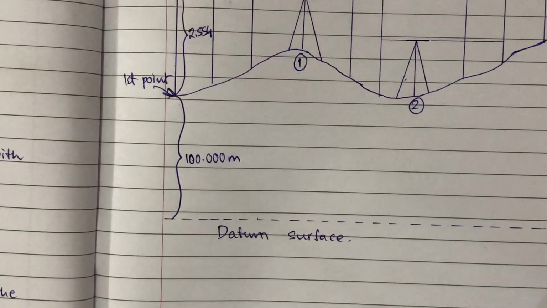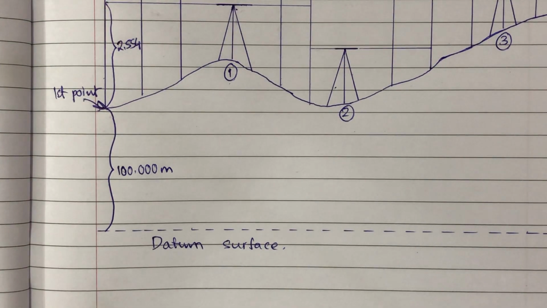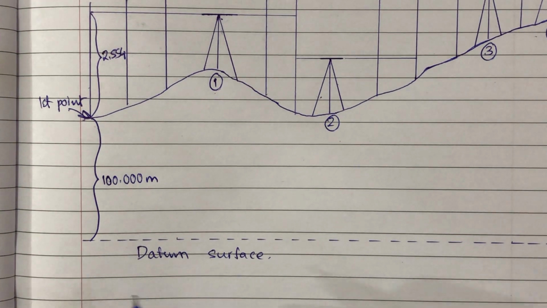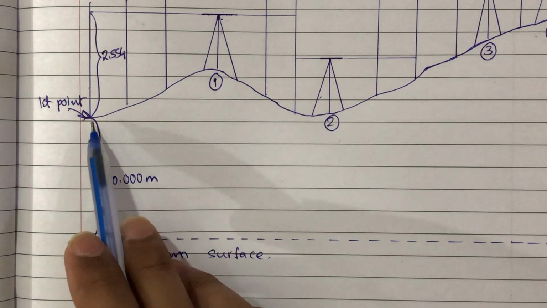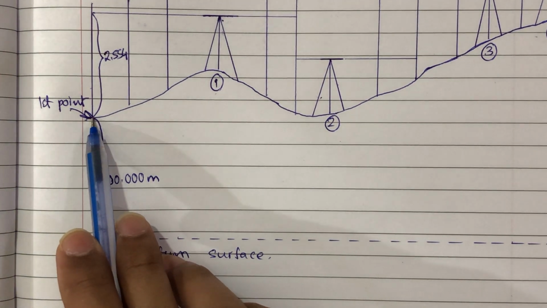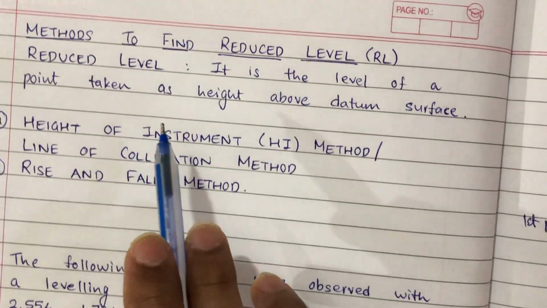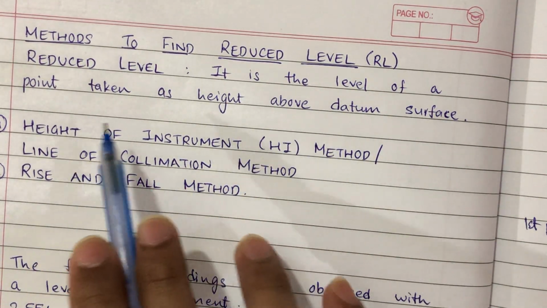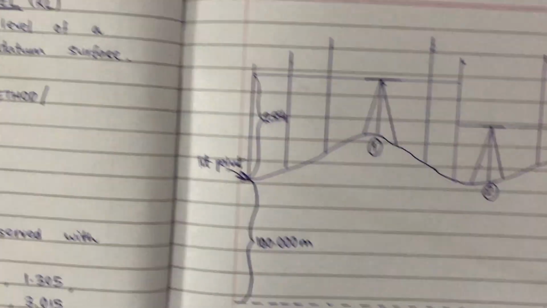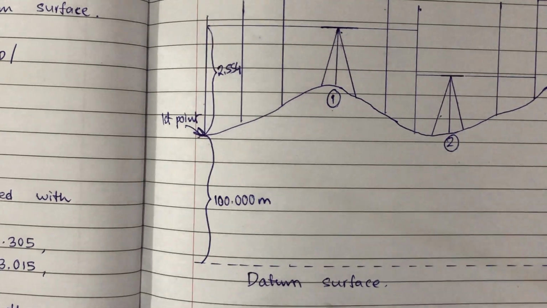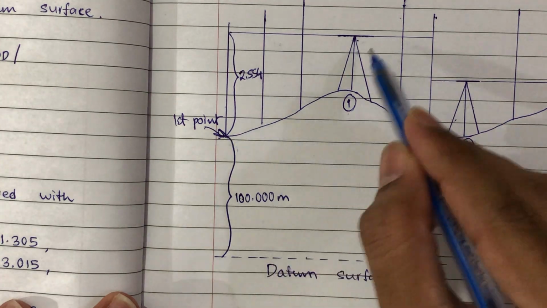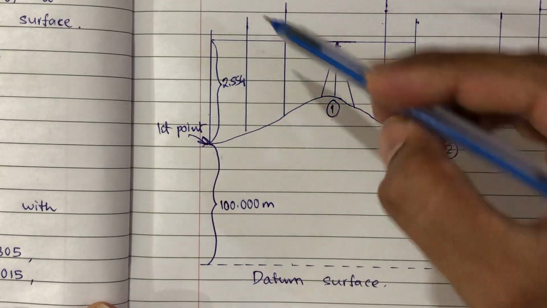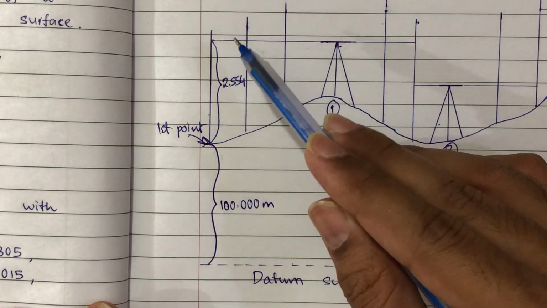The datum surface is actually an assumed surface used as a reference. So it is taken from this datum surface as a height to the point. That is what is called reduced level. Till here the height is 100 meters and the reading taken on the leveling staff was 2.554 meters.